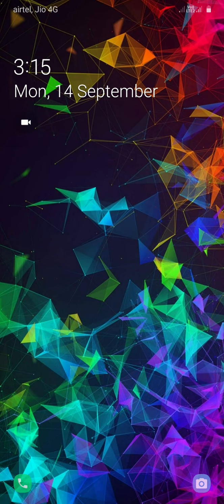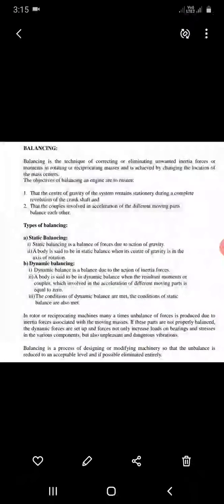Such type of balancing was called static balancing. A body is said to be statically balanced only when the center of gravity is on the axis of rotation.